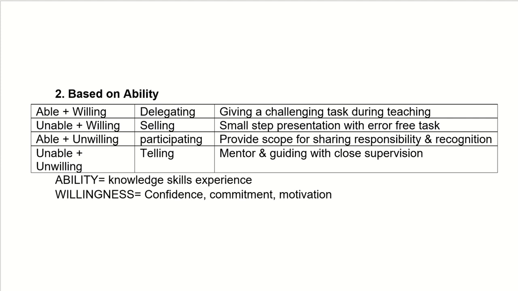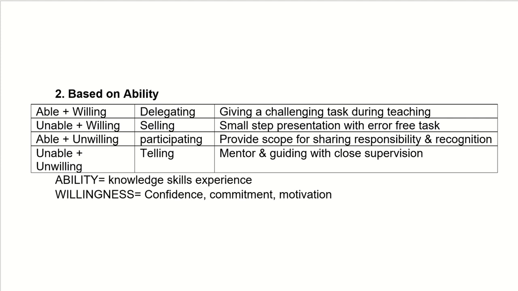Now, someone who is unable to lift a 30 kg weight but wants to do it, it's like selling. The example for this is small step presentation with error free task. This person can start with 10 kg, then 20 kg, then 25, then 27, and then 30.